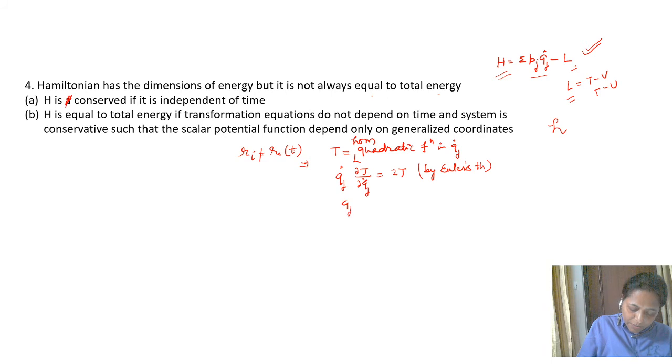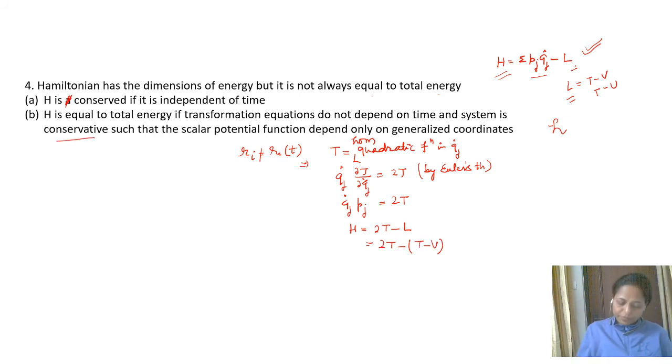And this may be written as Qj dot Pj is equal to twice T. You put it here, H is equal to twice T minus L. This is twice T minus V when your system is conservative. So it is T plus V. You get H to be equal to total energy.